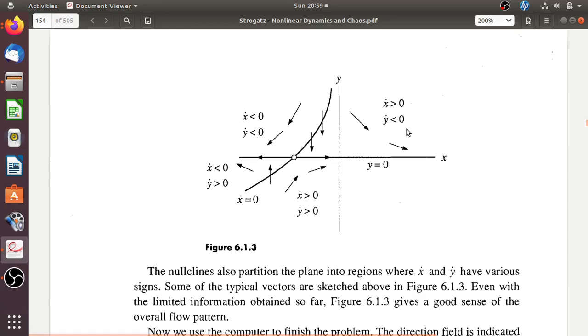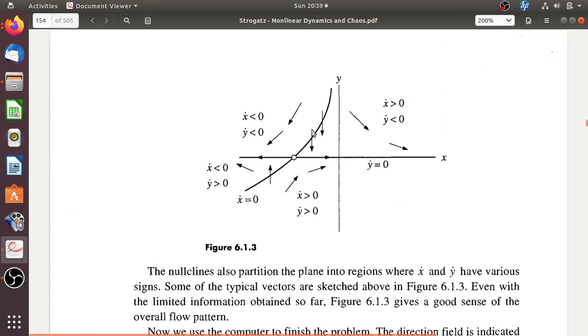And similarly, you could understand how the x dot and y dot are going to be in this region as well as in this region and in this region. Now, in a similar fashion, you could choose one point along this null line, and we could verify whether it's going to be vertically upward or downward.